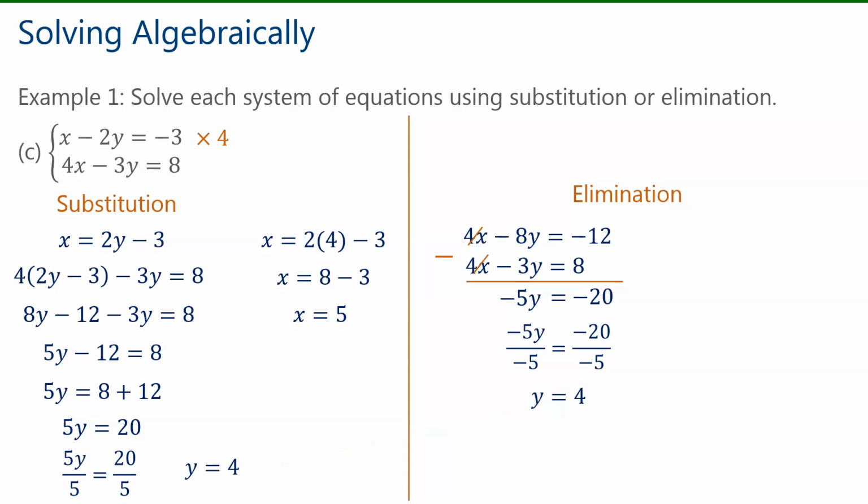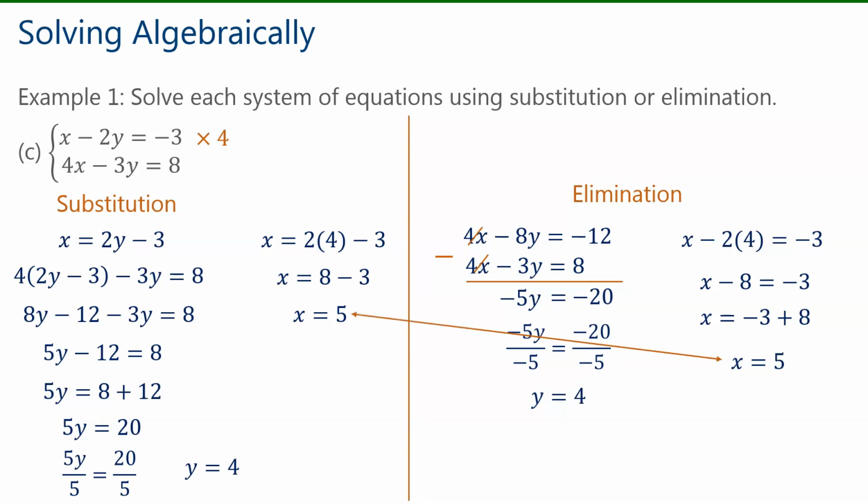Now let's solve for x by replacing y with 4 in the top equation. So we would have x minus 2 times 4 equals negative 3. Now simplifying that, we would get x minus 8 equals negative 3. And then solving for x, we would have negative 3 plus 8, which is 5.